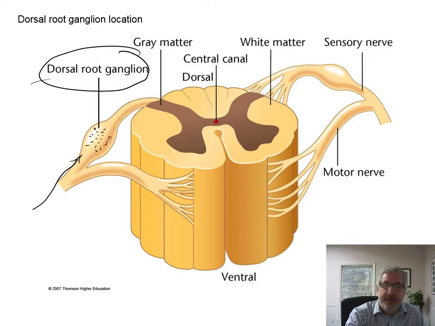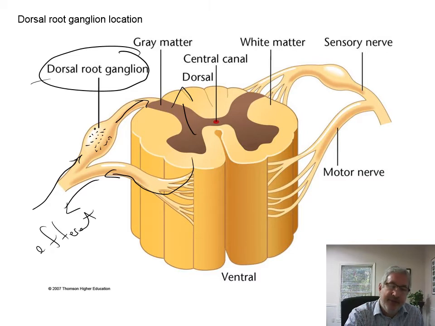And then the signal goes on into here, and then it can go up into the brain, and then a signal comes back out, and this will be the efferent signal, and this is the afferent signal coming in.